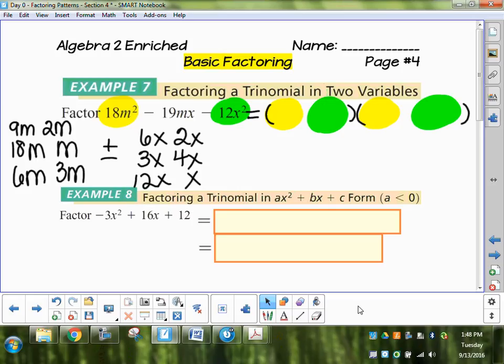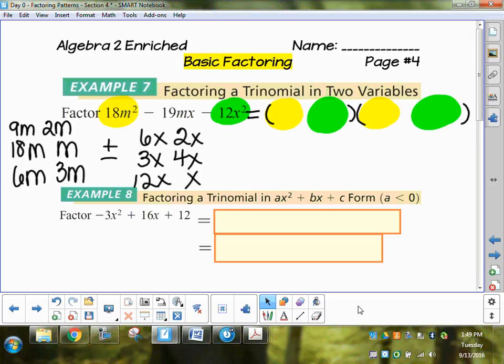Again, there's 18 of them there. You're going to see some are better candidates than others. Page 4. Play around with the numbers. There's a lot of guesses to take.